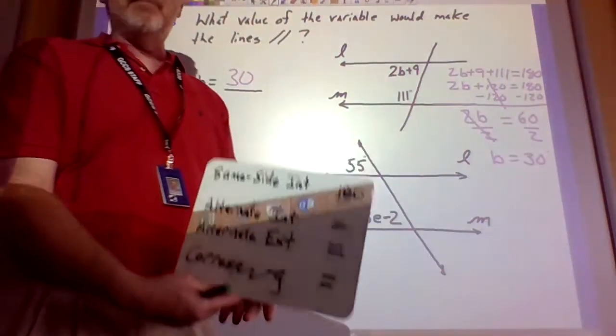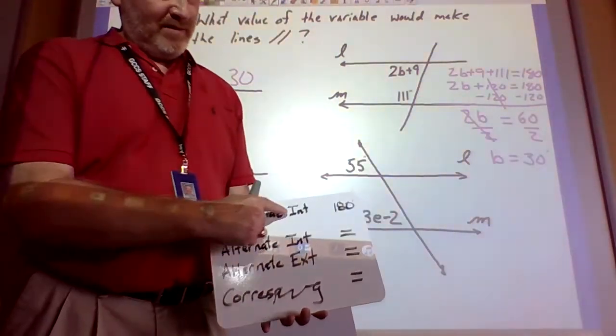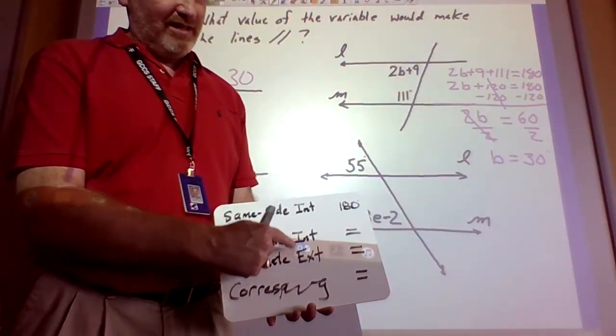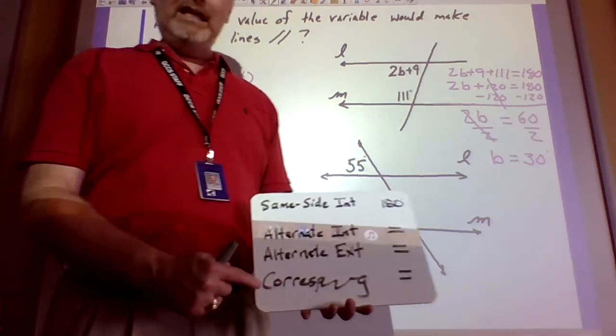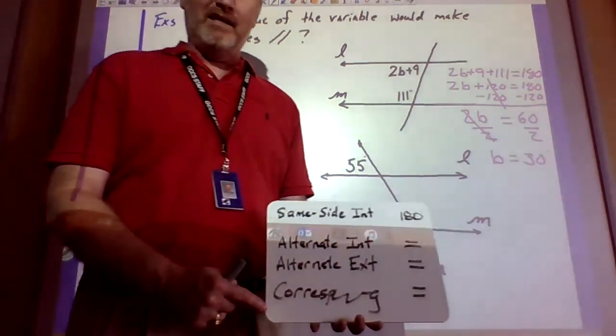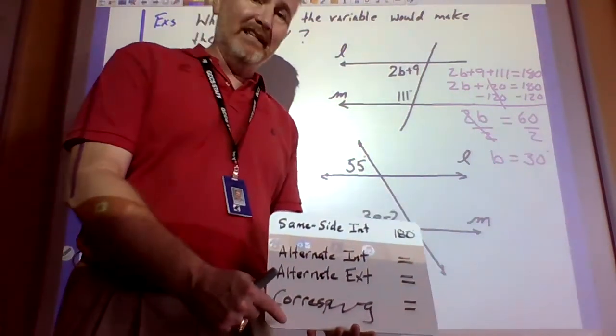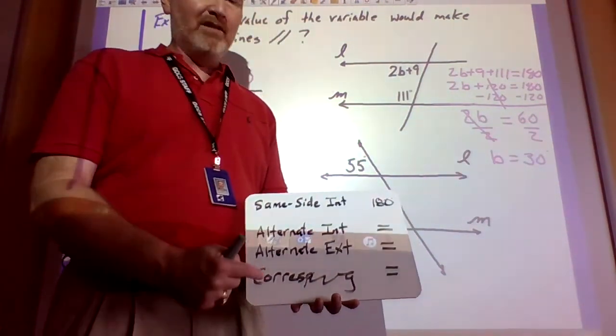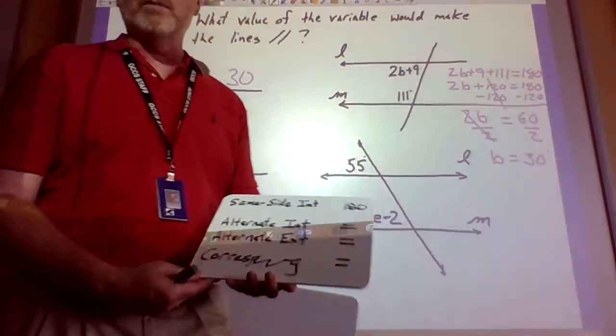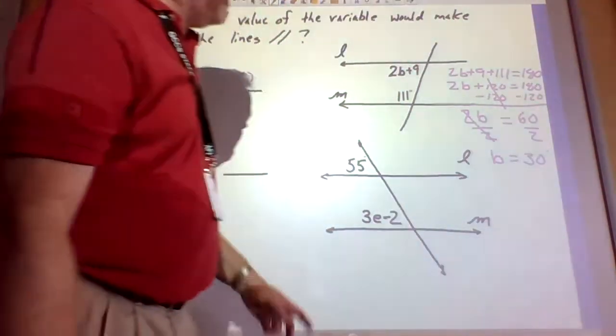You'll notice the top 3 relationships all tell you where they are: interior, interior, exterior. The only one that doesn't is corresponding, because one of the guys in corresponding has to be inside, one of them has to be outside. So this is probably a corresponding problem, and let's make sure it is.